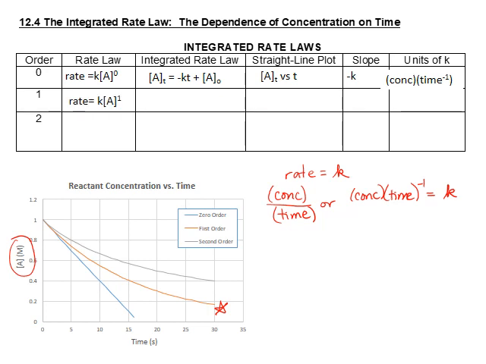The rate law for a first-order reaction is rate is equal to K times the concentration of A raised to the first power. If we integrate this rate law with respect to time, we get an equation that shows that the natural log of the concentration of A at some time t is equal to minus kt plus the natural log of the initial concentration of A.